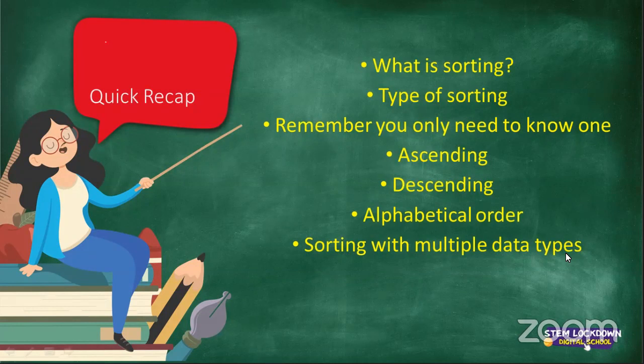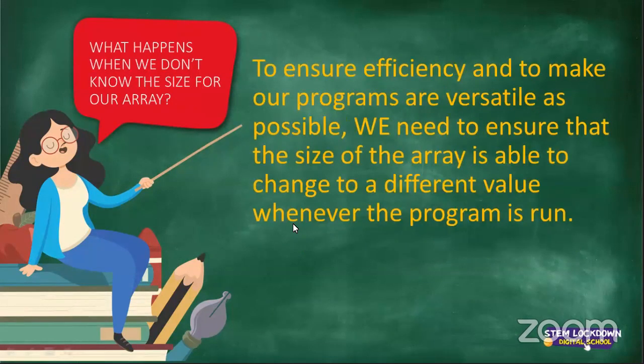Yesterday we worked with an integer data type. A real data type will work in the same manner, and we finished off with a string data type. So that's where we stopped yesterday. If you're unsure of what arrays are or anything to do with arrays, please view the previous videos on YouTube.